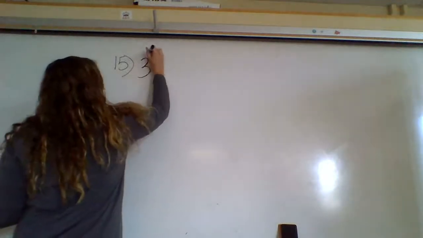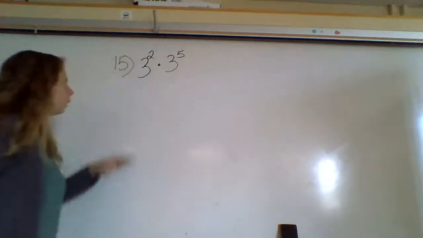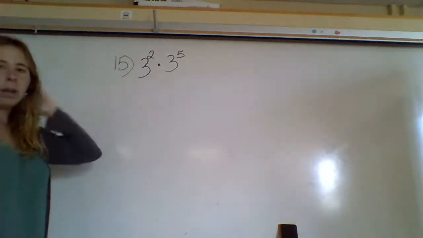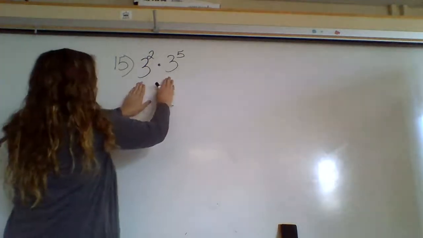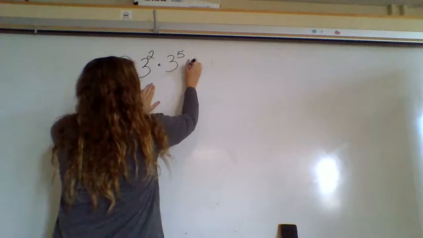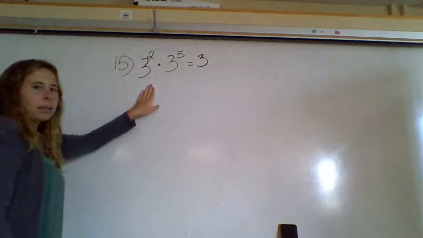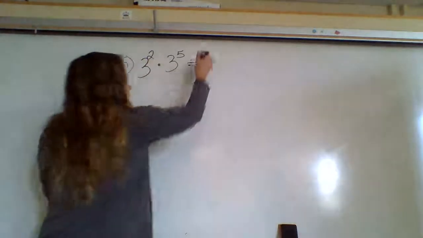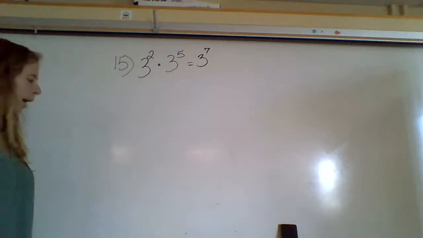Three squared times 3 to the 5th power. So, exponent rules. If you have the same base, you just add your exponents together. So keep the same base, and then add your exponents. 2 plus 5 is 7. Okay, and they just want you to leave it like that.